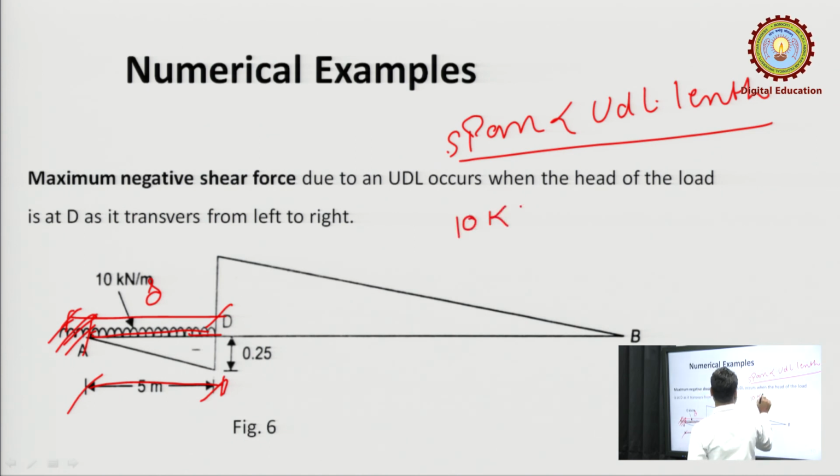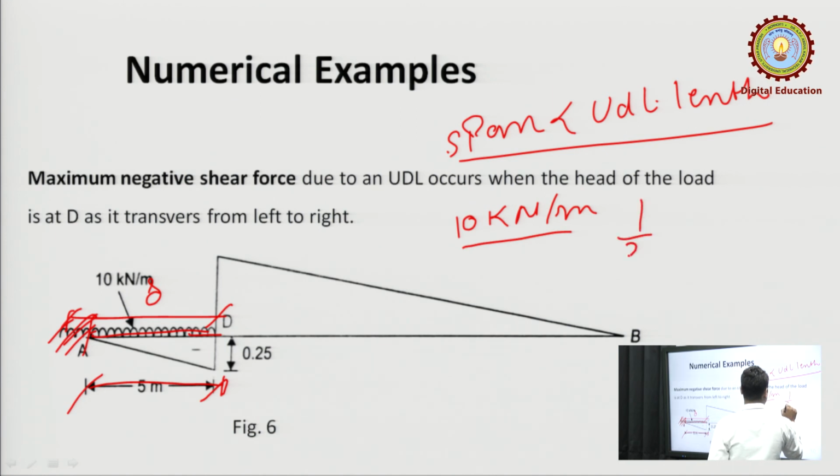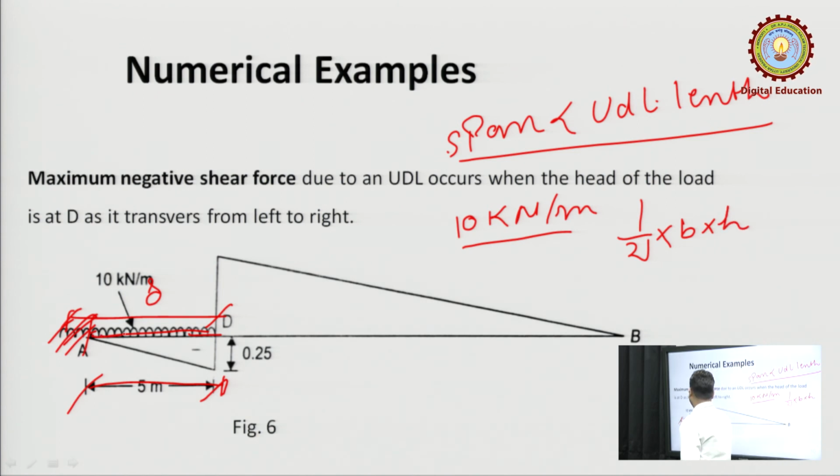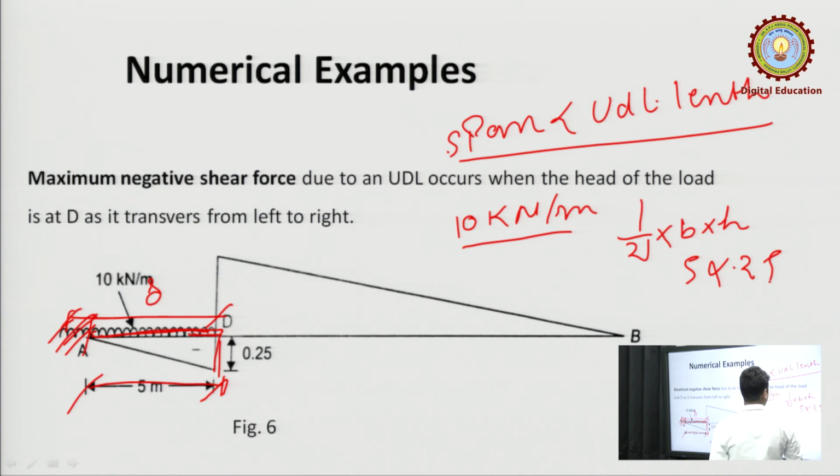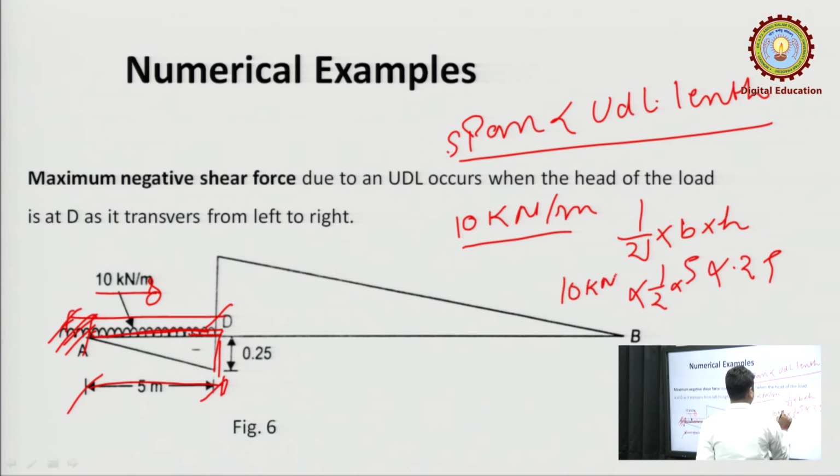Just take the unit of load here. We know the unit of load is 10 kilonewton per meter. After applying the triangle law, 1 by 2 base into height. The base here is 5. What is the height of the triangle? The maximum ordinate is 0.25, into the load intensity 10 kilonewton per meter.